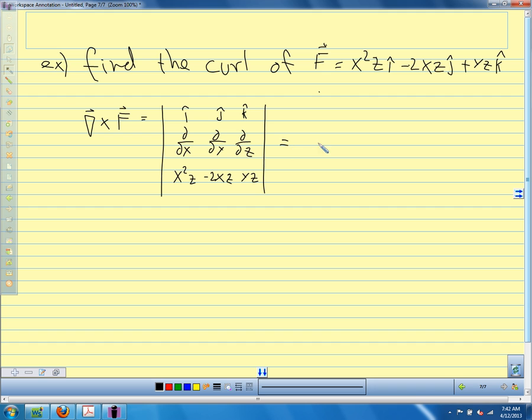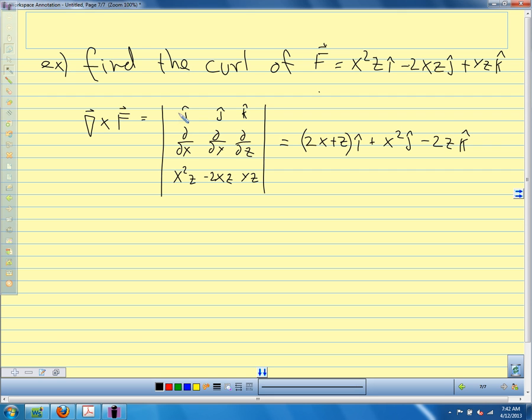If I carry this out, I end up with (2x plus z) i hat plus x squared j hat minus 2z k hat. And then if I needed the curl at a specific point, I could just plug x, y, and z into that.